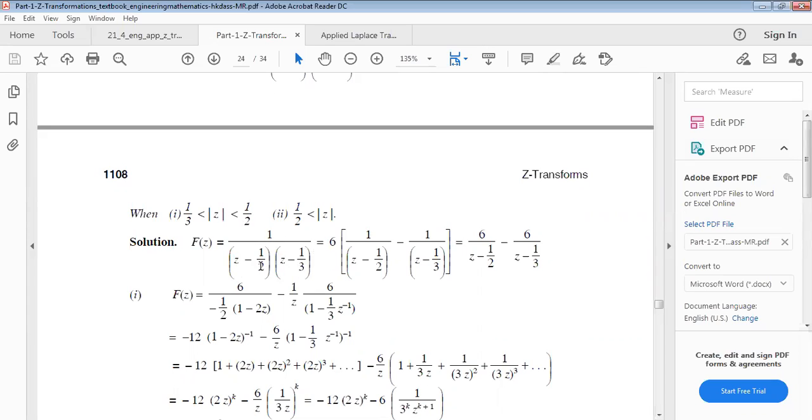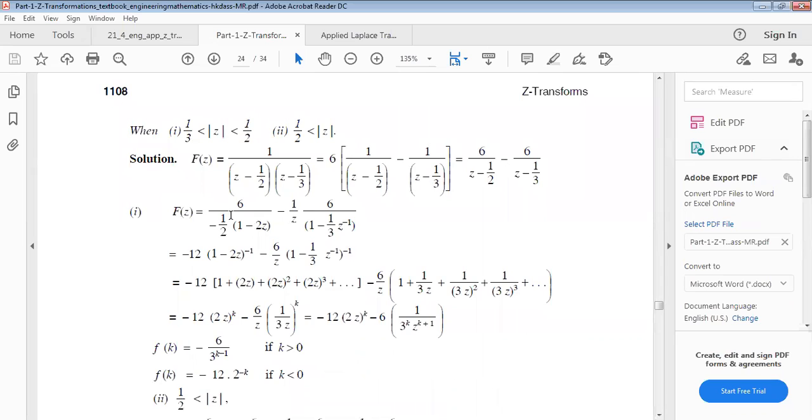So just making partial fractions. So 1 divided by (z minus half) minus 1 divided by (z minus 1 by 3). This can be written like this. Similar process: for condition 1, F(z) equals, this can be written as 6. We have to take half as the greater. Okay, half greater than, we have to take half common, but not only half, minus half common.